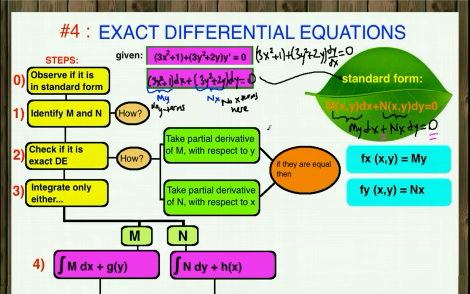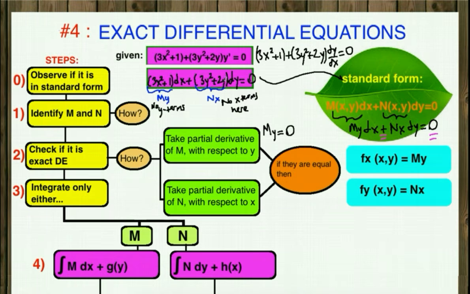So the partial derivative of 3x² + 1 with respect to y is 0, because we don't have any y term here. This is constant, so our My is 0. And the partial derivative of N with respect to x is 0 again, because we have no x term here, as you can see.